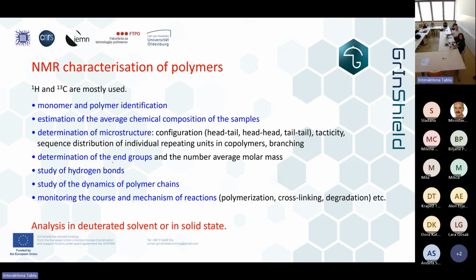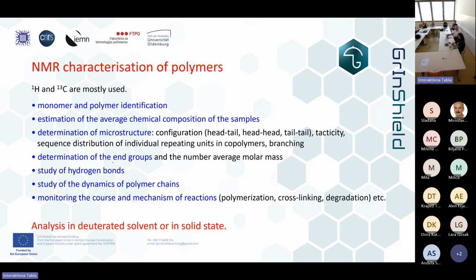Hydrogen bonds can be studied, dynamics of polymer chains can be studied, and also we can follow some reactions within NMR. So we measure NMR one by one, and we see how the intensity of the signal changes, and we can make also some kinetics of the reaction if the reaction is not too fast, I can say.